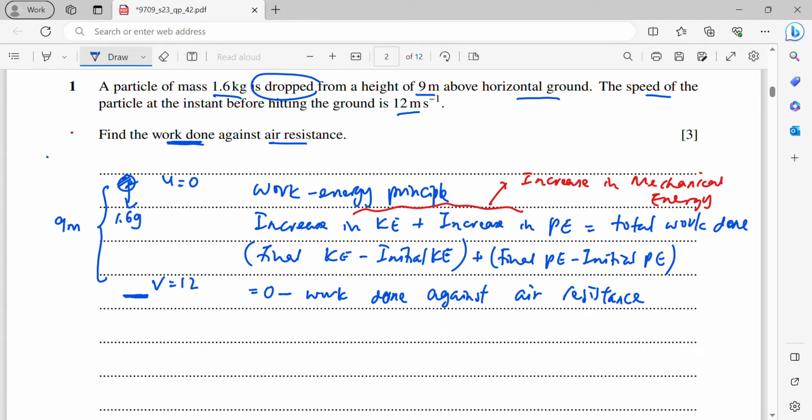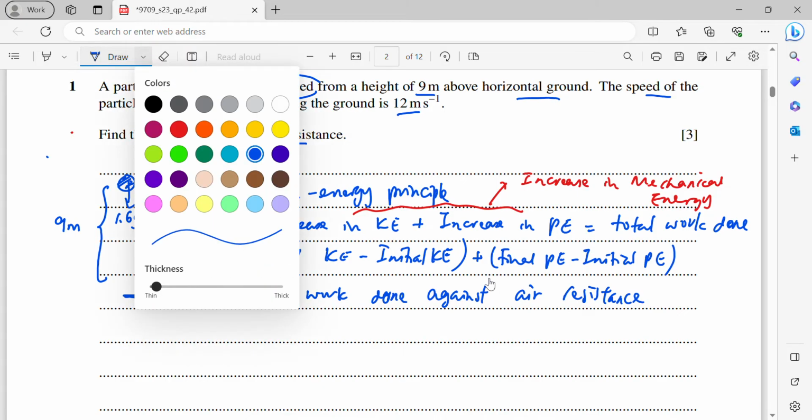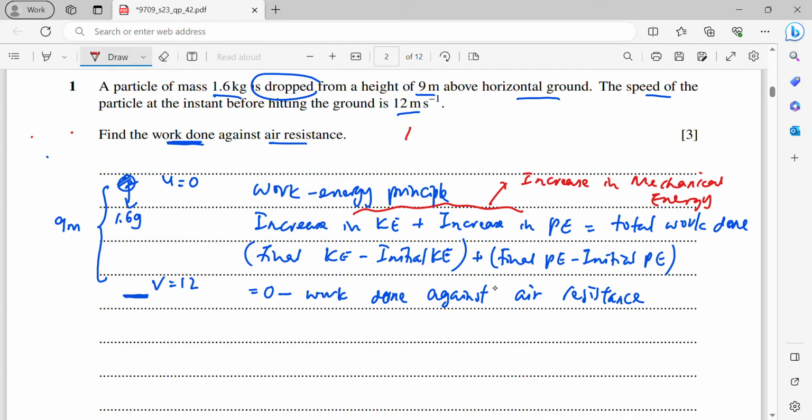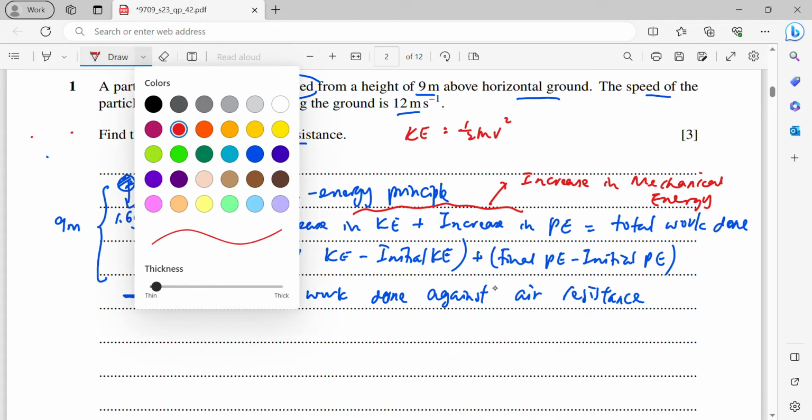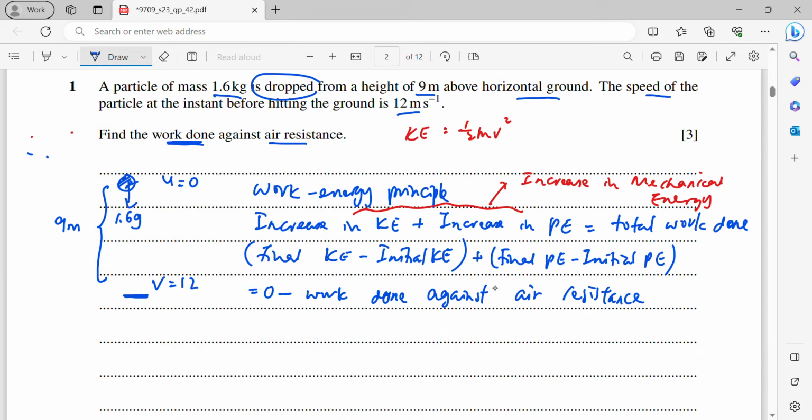Now, the final KE. The formula for kinetic energy is half mv squared. So it's going to be half, my m is 1.6, then v is given as 12, so 12 squared, minus the initial KE, which is in the beginning, so half times 1.6, but then the u is 0, so 0 squared.